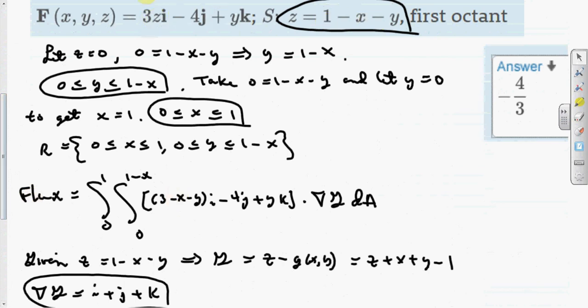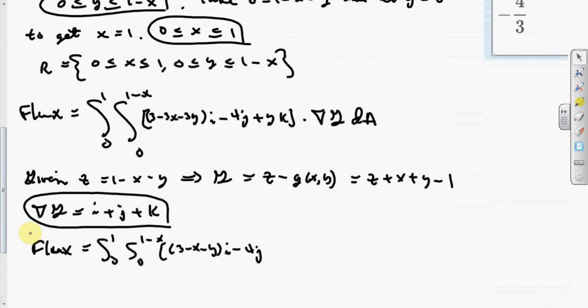So this is 3 minus 3x minus 3y, and then plus yk dot product with the gradient of g.